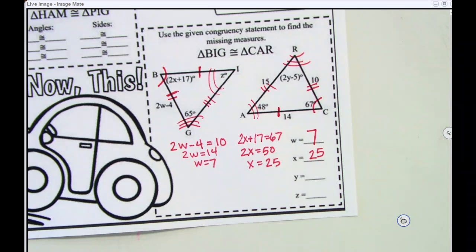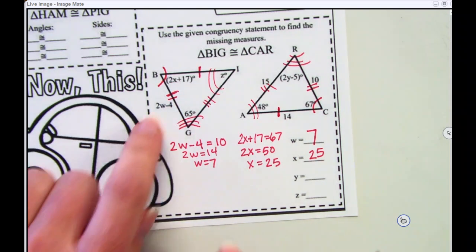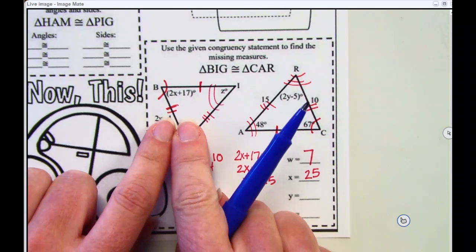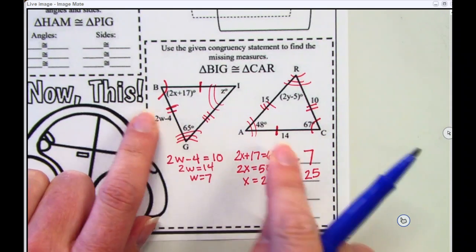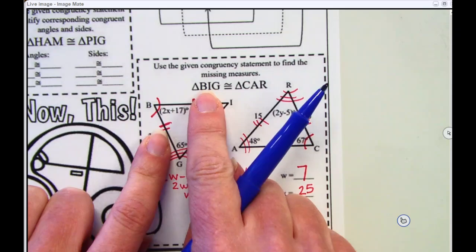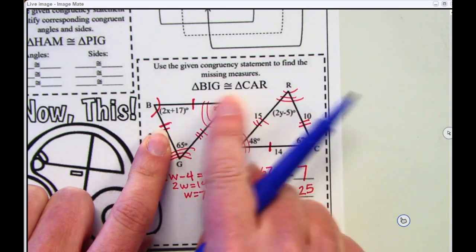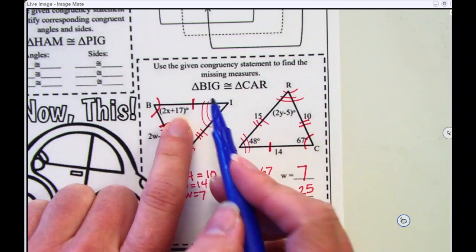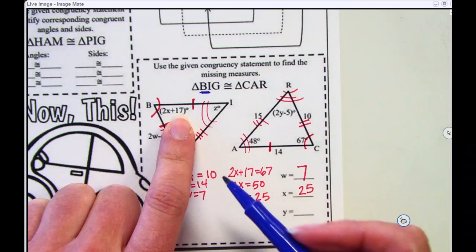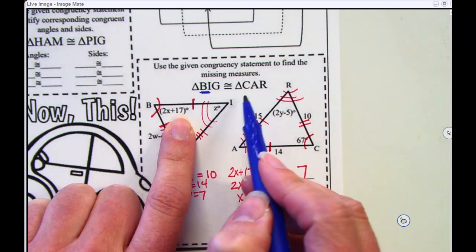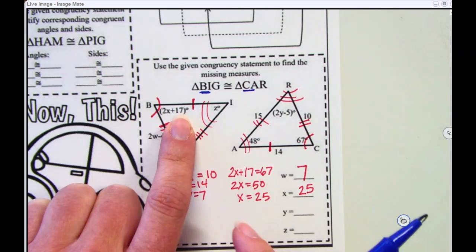Yes, sir. The lines in the middle of the paper, how does that work? Oh, those are corresponding. These lines right here, can I answer them, please? So all I'm looking at is the order of these letters right here, Tyler. BI, because those are first and together, that means that it is congruent to CA.